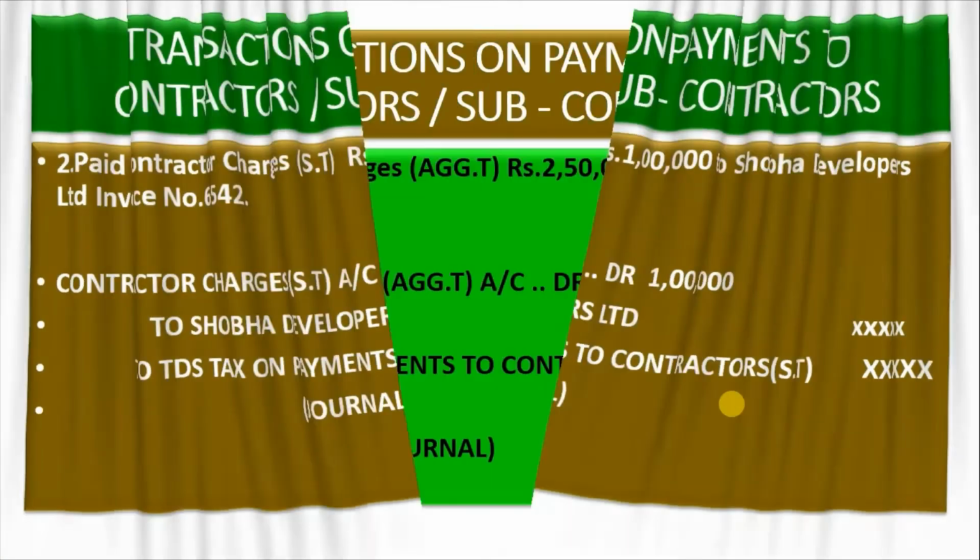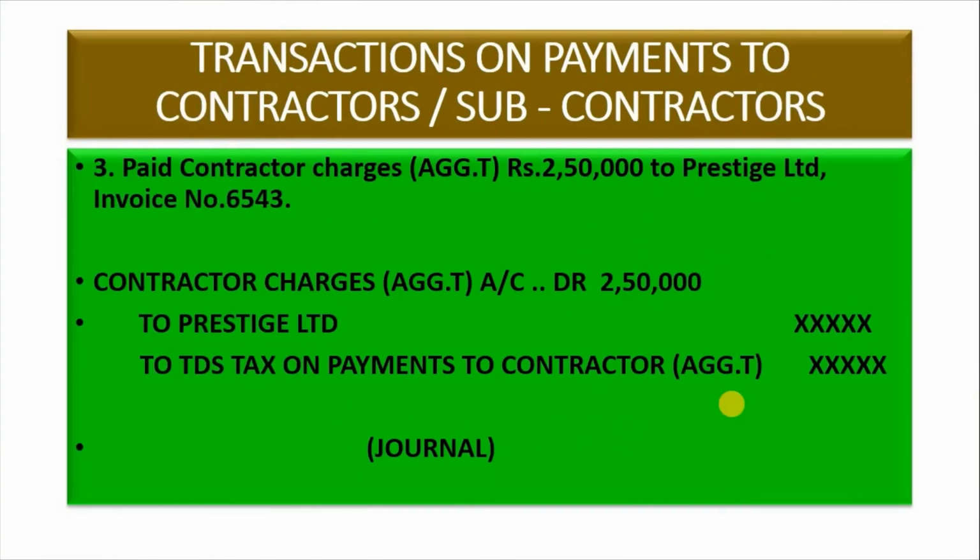The next question. Paid contractor charges, aggregate of transaction, rupees 2,50,000 to Prestige Limited, invoice number 6543. So aggregate of transaction threshold amount is 1 lakh.